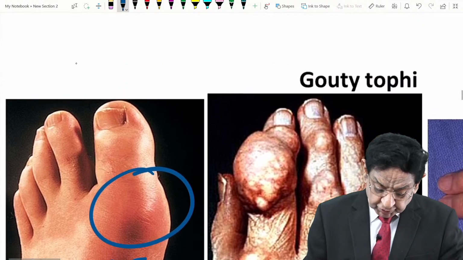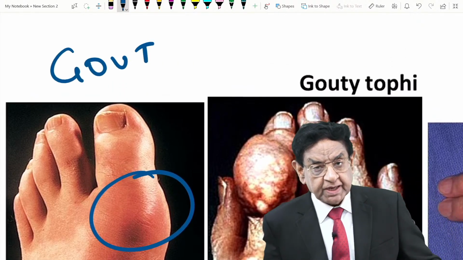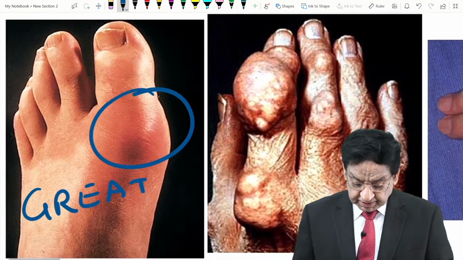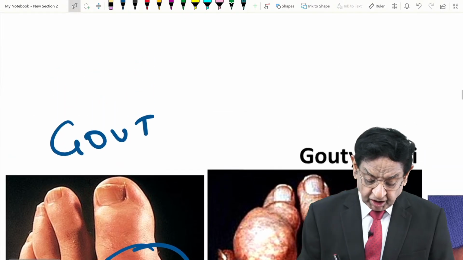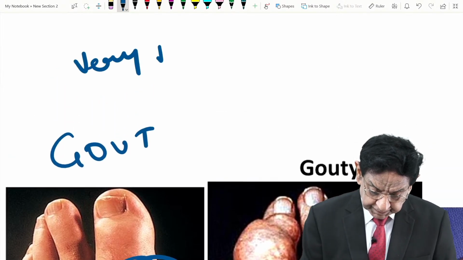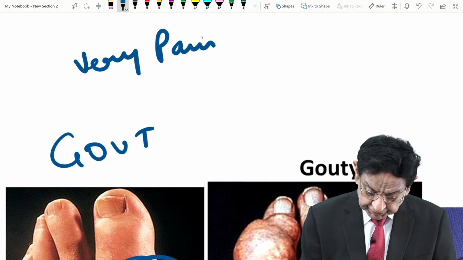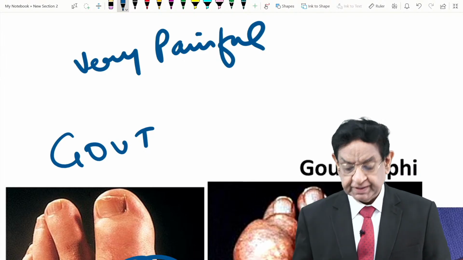Gout, great toe joint, and it is red, hot, and tender. It's very painful.